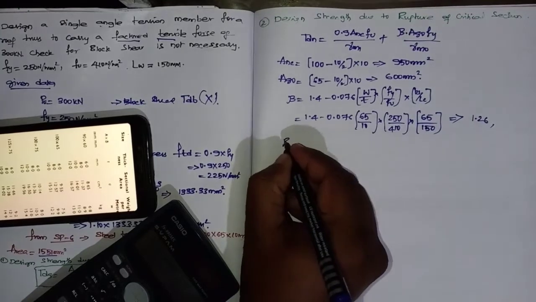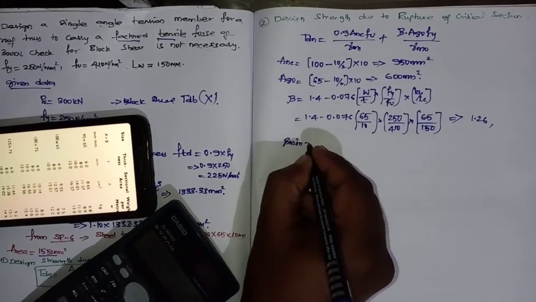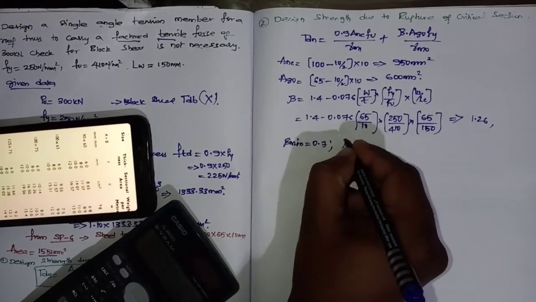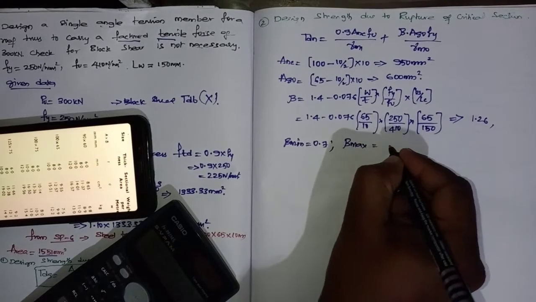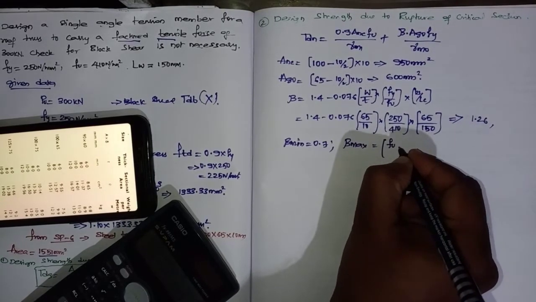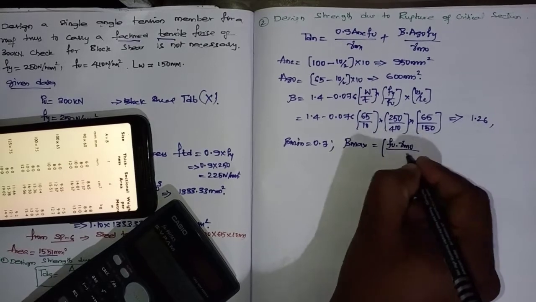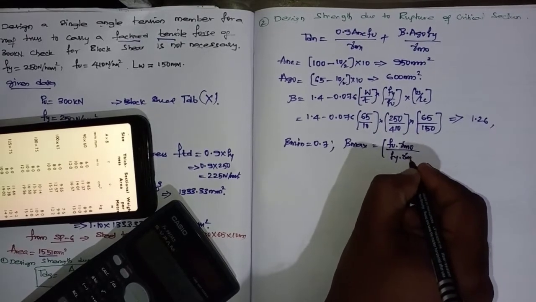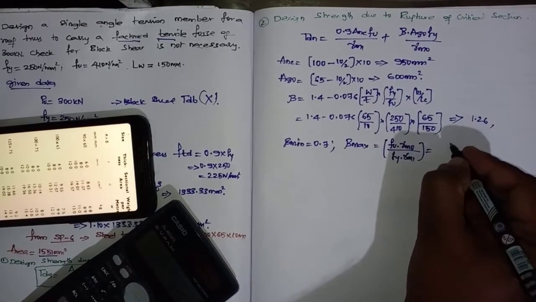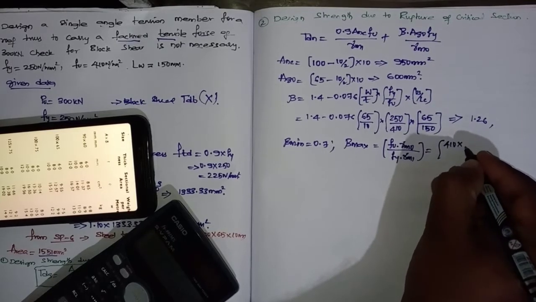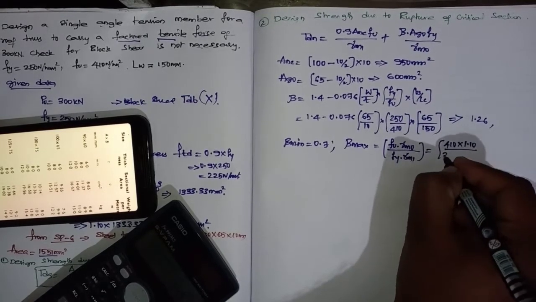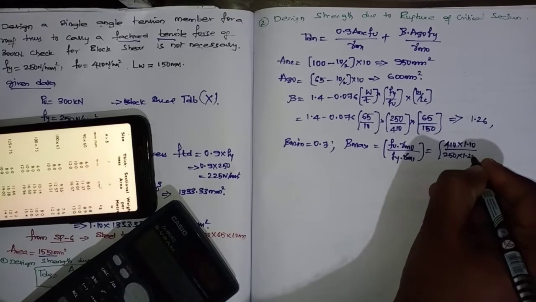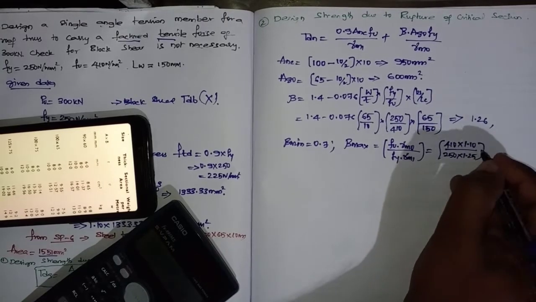Now we have to check whether it is in between or not. Beta minimum is 0.7. What is beta max? Fu gamma M0 by Fy gamma M1. 410 by 1.10 divided by 250 by 1.25, if I am correct.